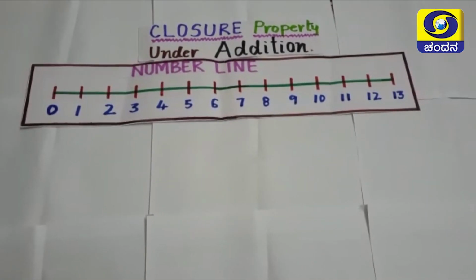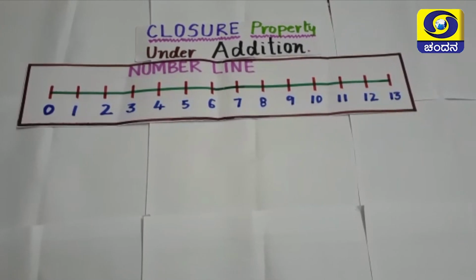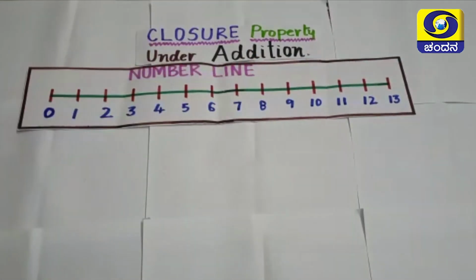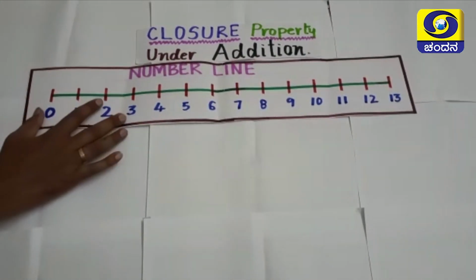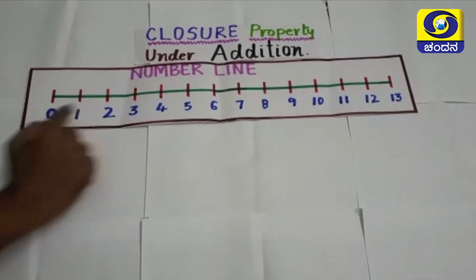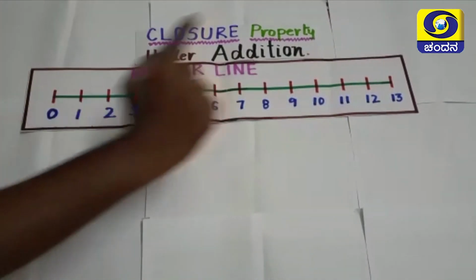Students, let us perform an activity of closure property under addition. For this, we use a number line which contains whole numbers from 0 to 30.